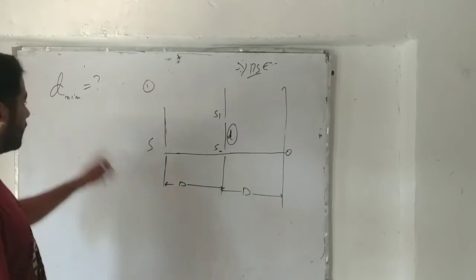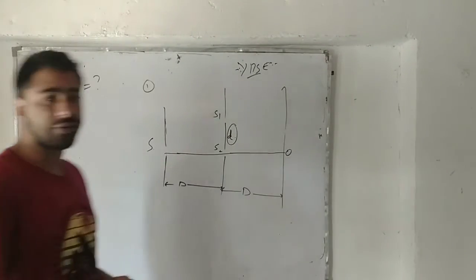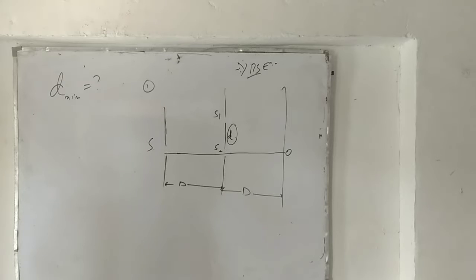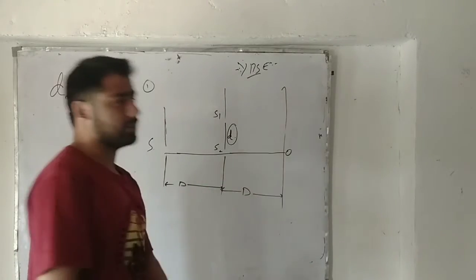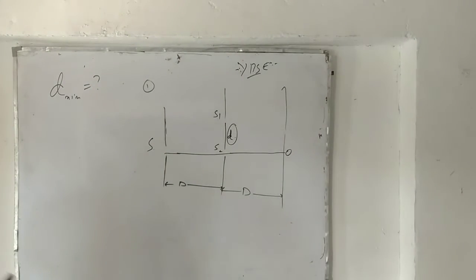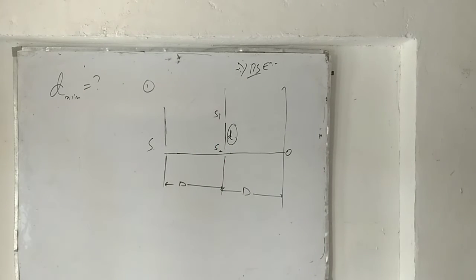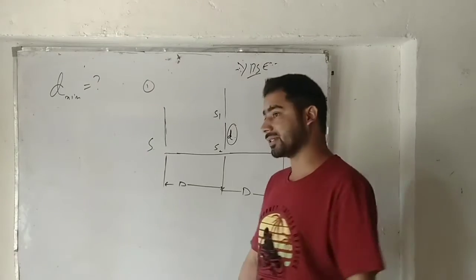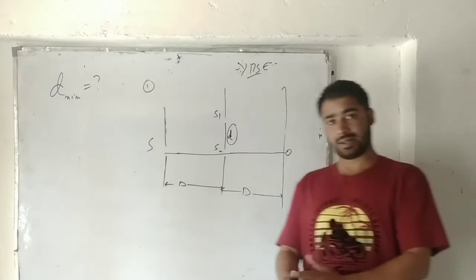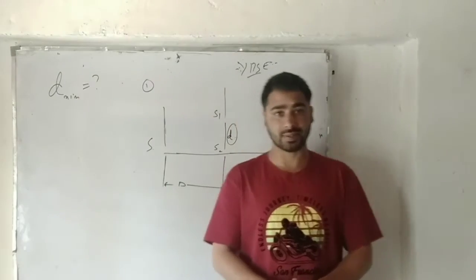For what value of d does such a dark fringe appear at point O on the screen? The question gives me a hint: since a dark fringe appears at point O, I will use the condition of destructive interference, because a dark fringe results from destructive interference.